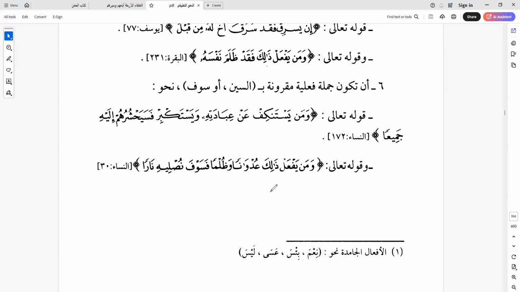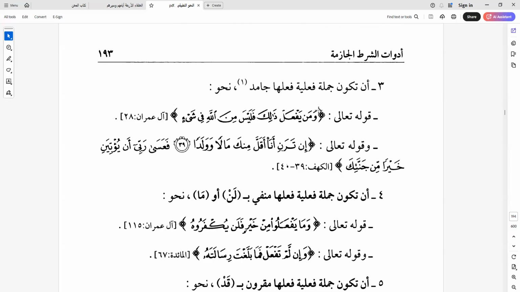So if you have af'al jamida in the jawab al-jumla, then you have to introduce fa. So that's what the writer is saying. The jumla must be jumla fi'liya, right? However, the fi'l must be what? Jamid.